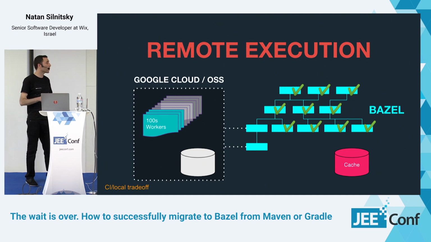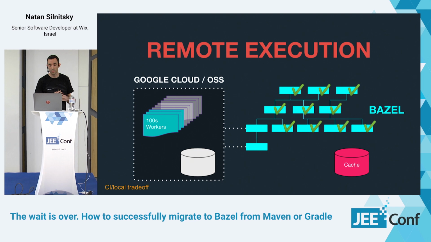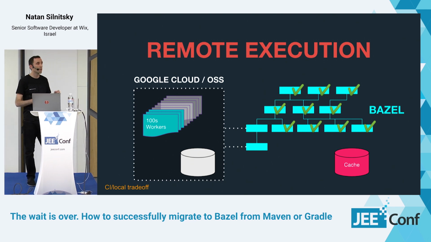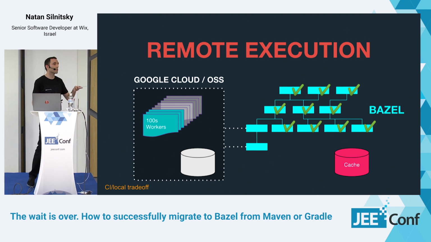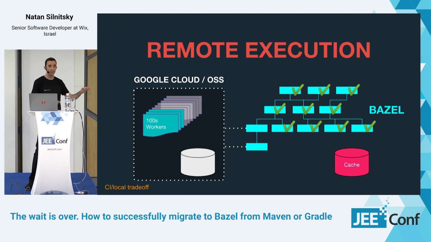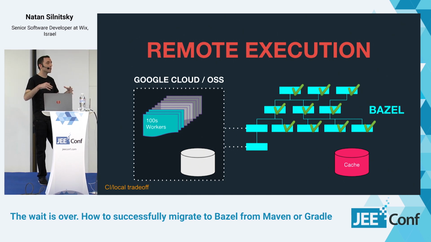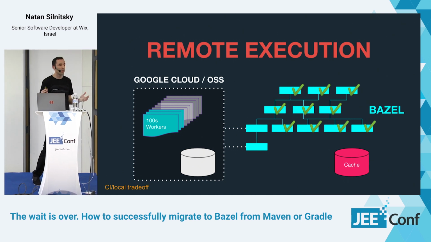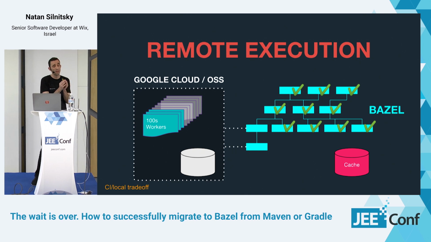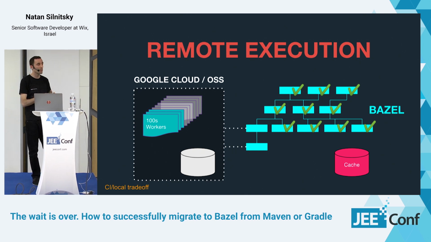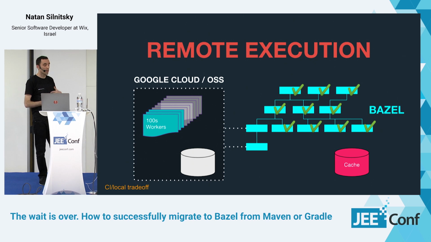Now, that's the local experience, but a very, very cool feature that Bazel has is the ability to send these actions of compilation and tests to a remote worker farm. This really increases the level of parallelism. You're not bound to the amount of cores on your machine. You can have basically hundreds of workers.